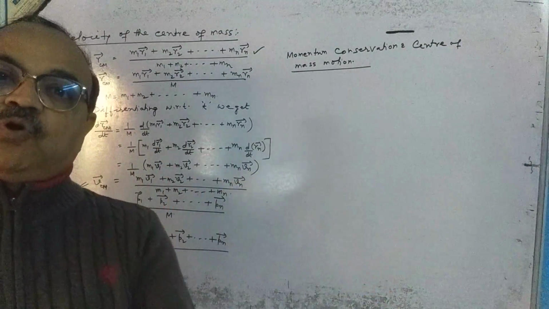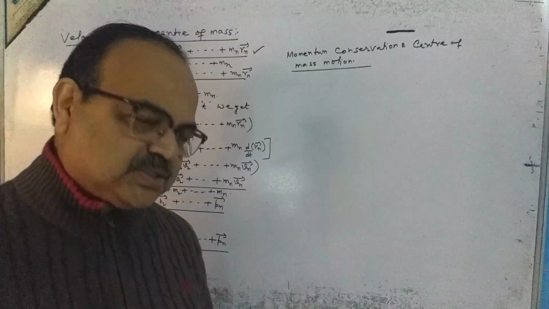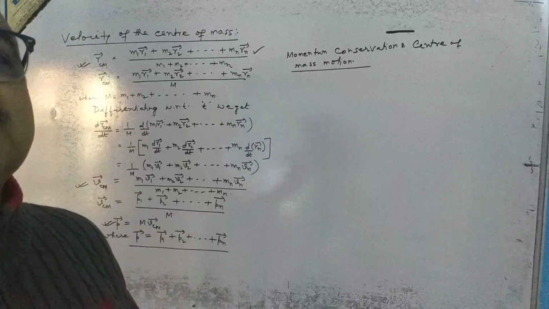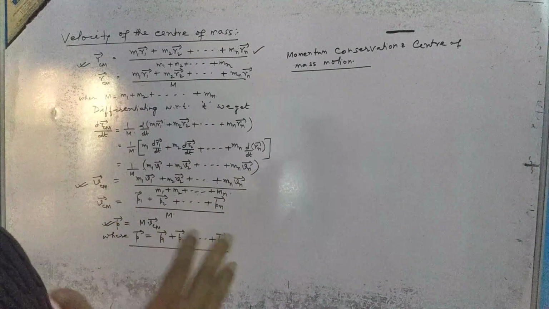If the center of mass has got the velocity, then it should have a motion of the center of mass. So again, let us consider a system consisting of n number of particles as usual.